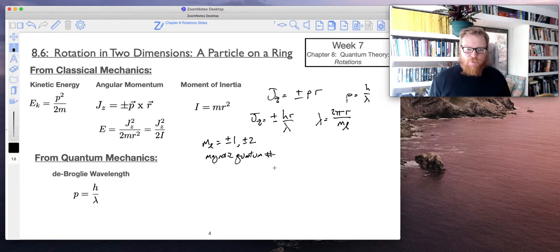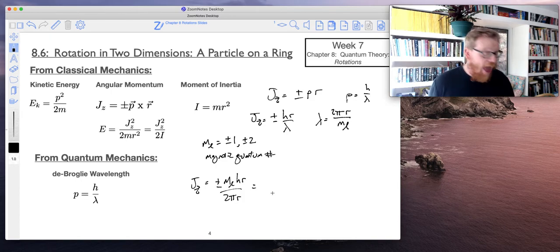Now if we keep going with this and we recognize that Jz equals plus or minus hr over lambda, and then we substitute our quantized solution for lambda, what we get is plus or minus ml h times r divided by 2 pi times r.